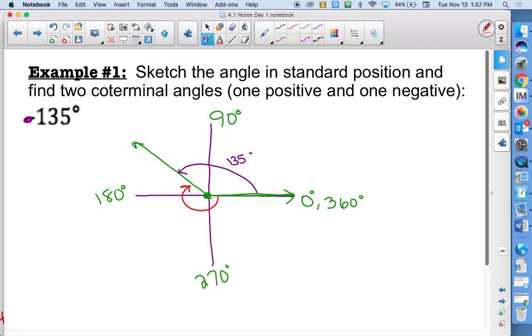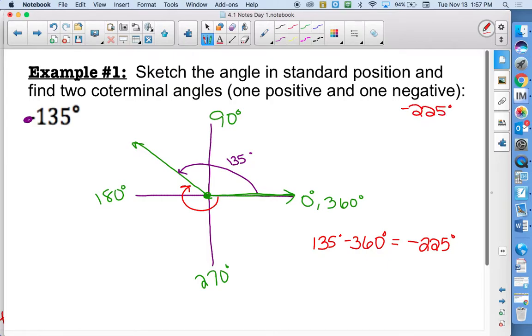Not 180, 360. Oh yeah, you're good. So we're going to subtract 360. So 135 minus 360 is? Chelsea? You're so close. Add another 100. Yeah, negative 225. You're good. So that's our negative angle, negative 225.